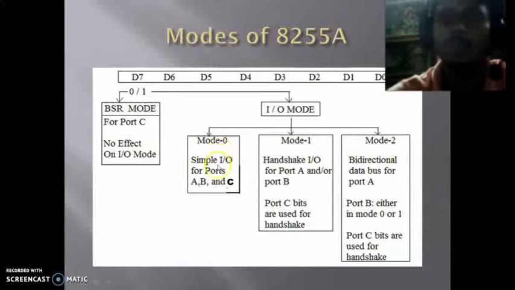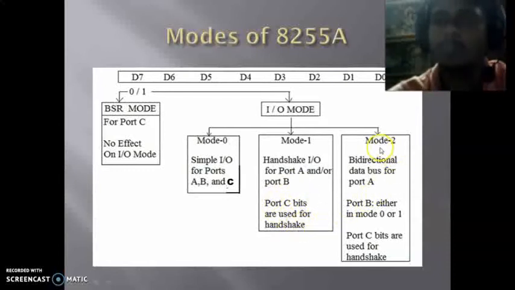In case of mode 0, that is simple input output ports, so it means the 3 ports A, B and C can be used as simple input as well as output. Now mode 1 is the handshaking mode, that is basically handshaking input output mode, and here port A and port B can be used as input output ports, and port C is basically used for the handshaking purpose.